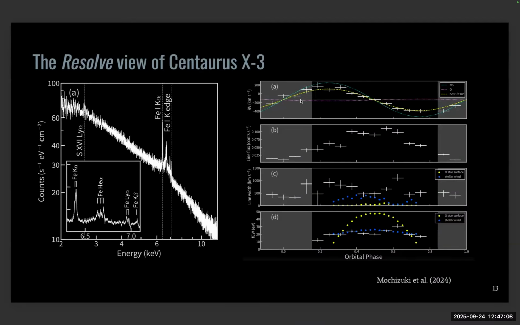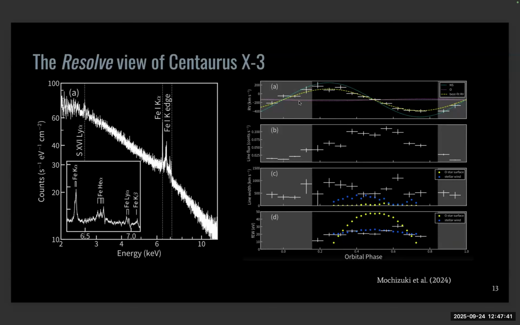So this brings up the question again of where these iron lines are formed. One of the suggested line forming locations was reflection from the O-star surface, but this clearly doesn't produce the observed orbital velocity curves, and a similar problem is clear for the neutron star.